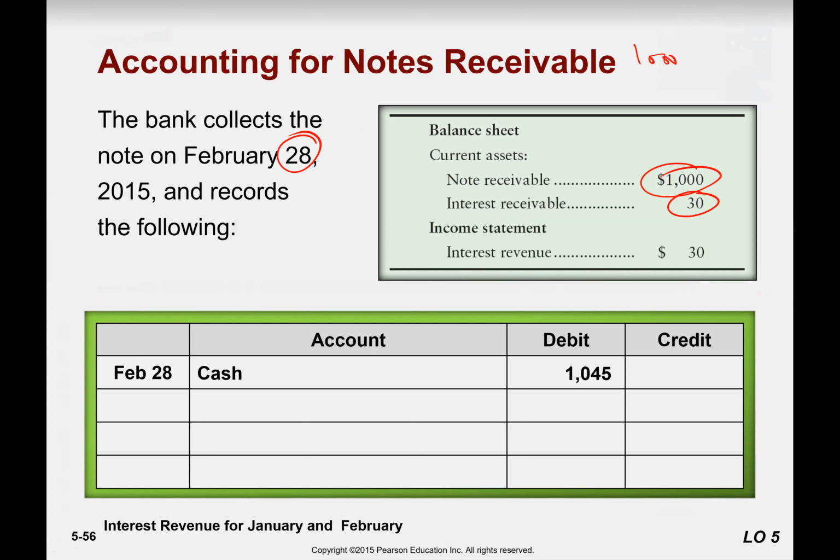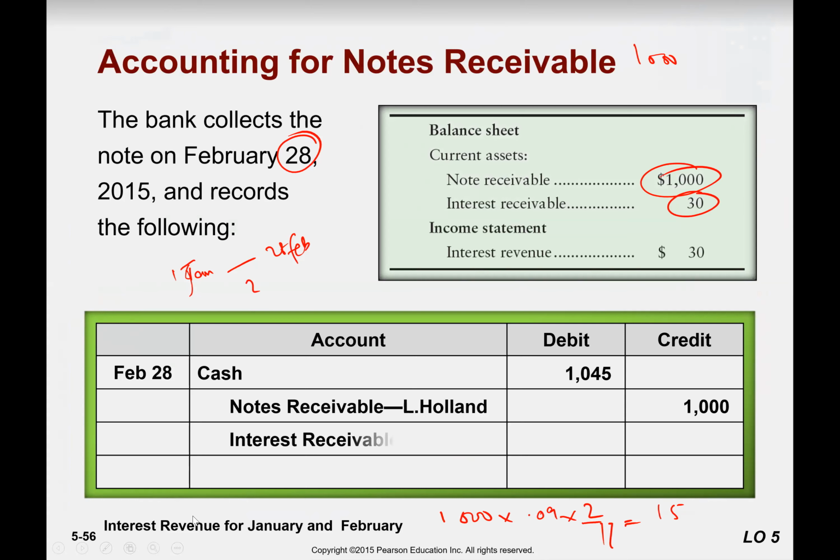From 1st January to 28th Feb, there are 2 months. So 2 months of interest is going to be $15, right? I think they already mentioned it here. Yes, $15.